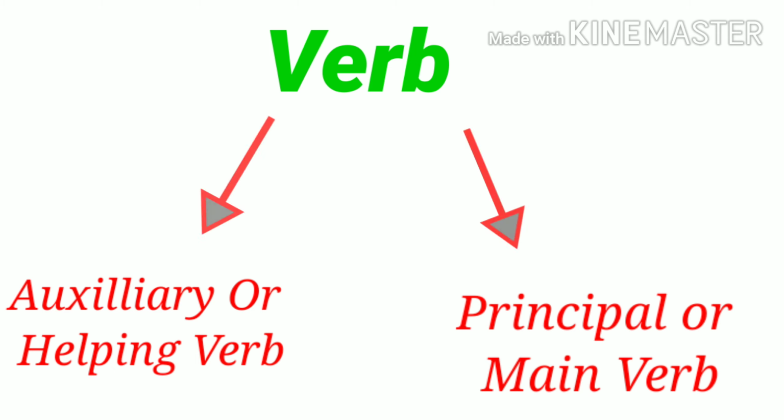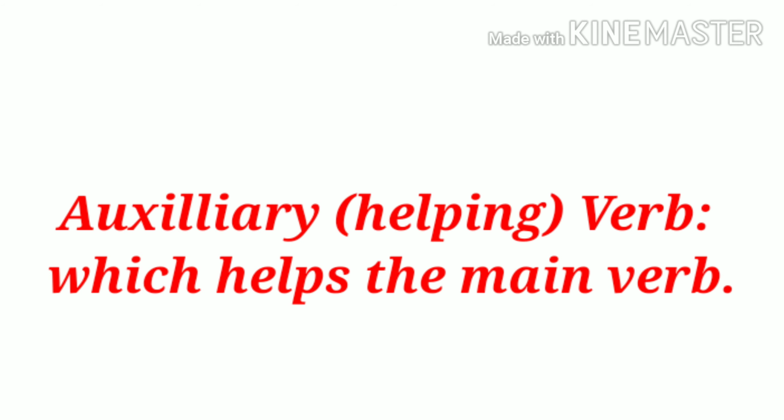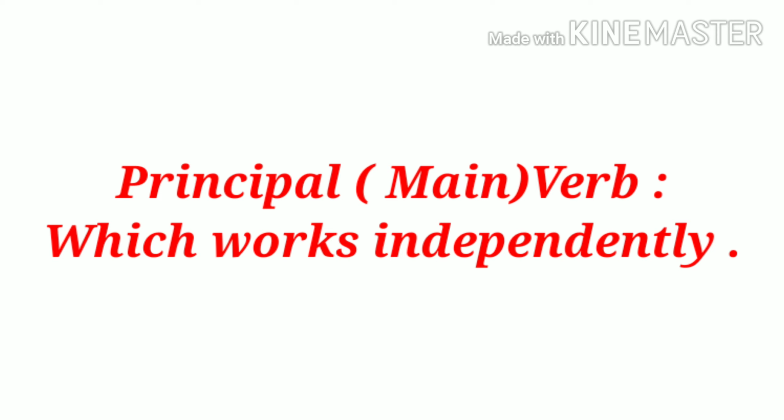So we should have a slight idea of these two concepts so that it will help us in understanding the main topic, that is subject and verb agreement, properly. Auxiliary or helping verb is one which helps the principal verb to complete a sentence. Clear? And the verb which works independently without any helping verb is known as a main verb or a principal verb. Clear?